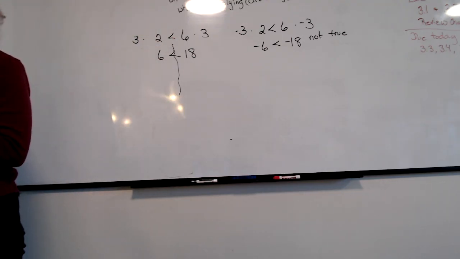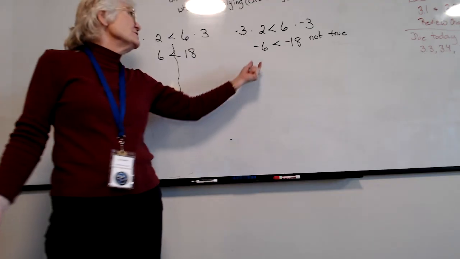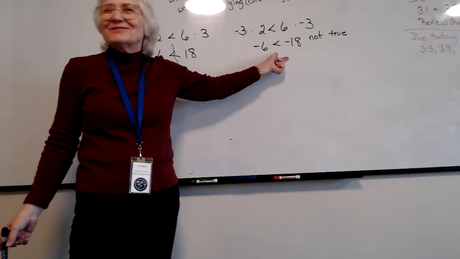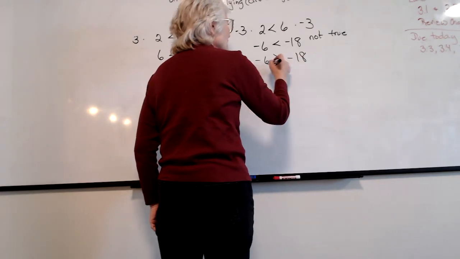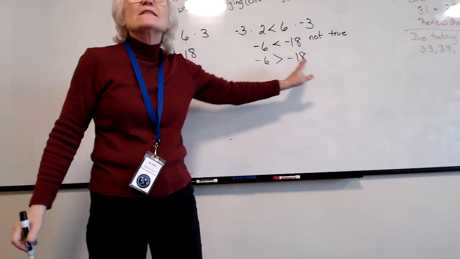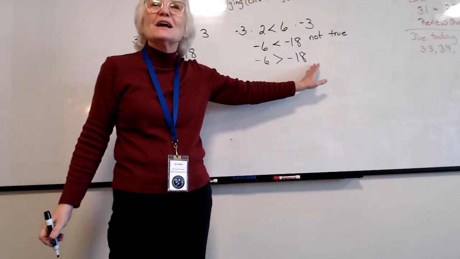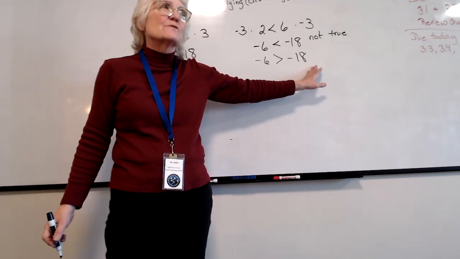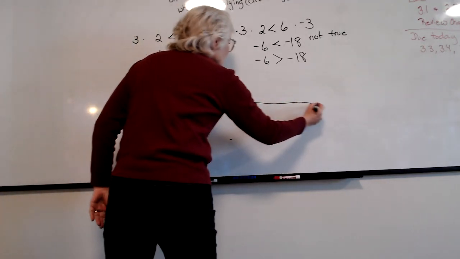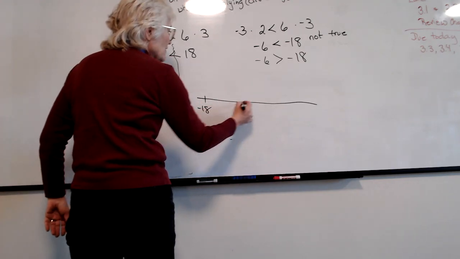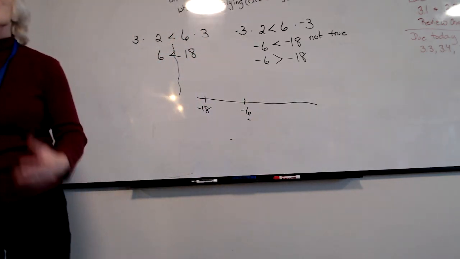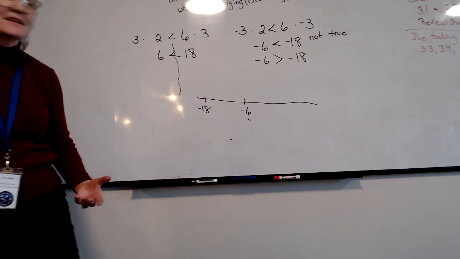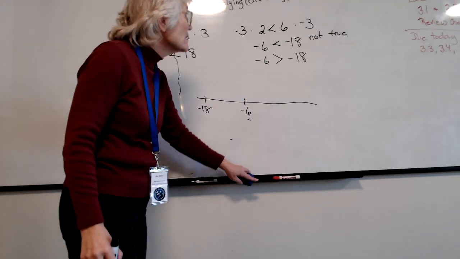You switch the sign. The sign's actually easier to switch, okay? So we get this, a true statement. Negative 6 is farther to the right than negative 18. That's how we know it's greater than. On our number line, negative 18 will be out here, negative 6 will be here, so that is a greater number. So you have to think backwards with negatives. That's why you have to switch the sign. That makes a true statement.